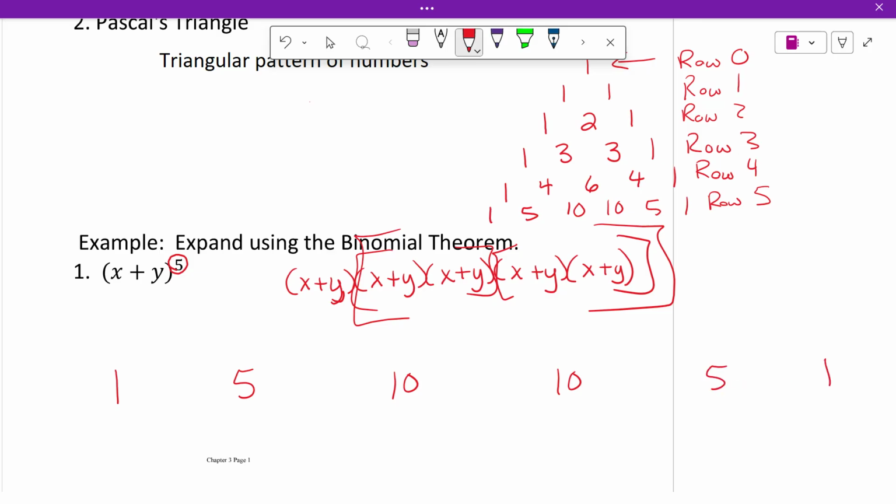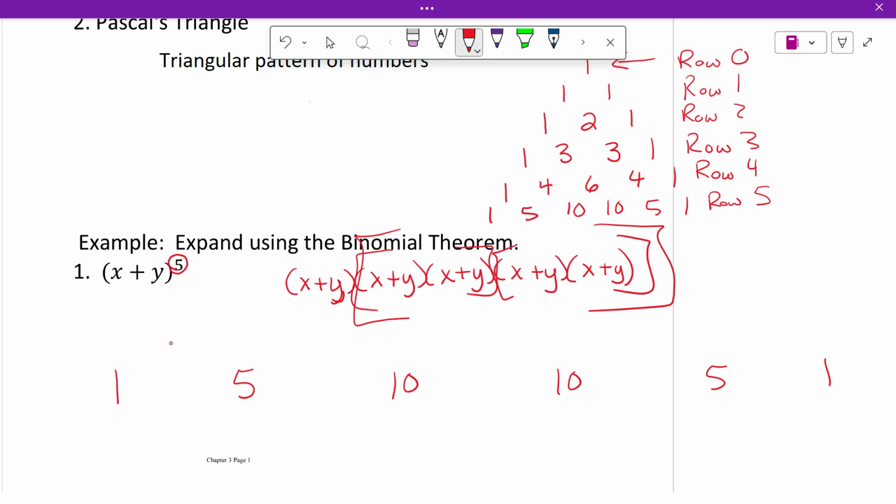And those are the coefficients of each of the terms. Remember when you just got done multiplying on the worksheet you're working on now, you found that there were coefficients happening. Okay? So those are the coefficients that we're going to have.